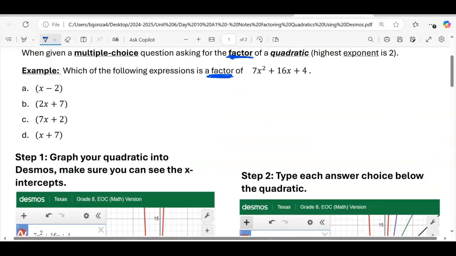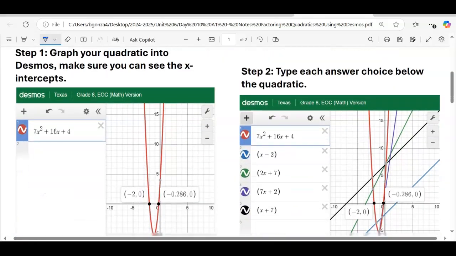Now, there's the trinomial right here. Here are your 4 answer choices. Well, step 1, you would graph the trinomial. Okay, so you can see here on step 1, you've got a kind of a U shape, and it hits the x-axis at 2 points, right? Then step 2, you type each answer choice.